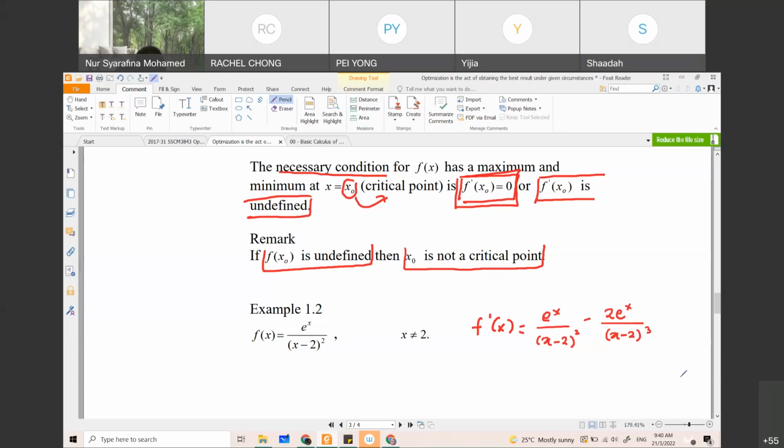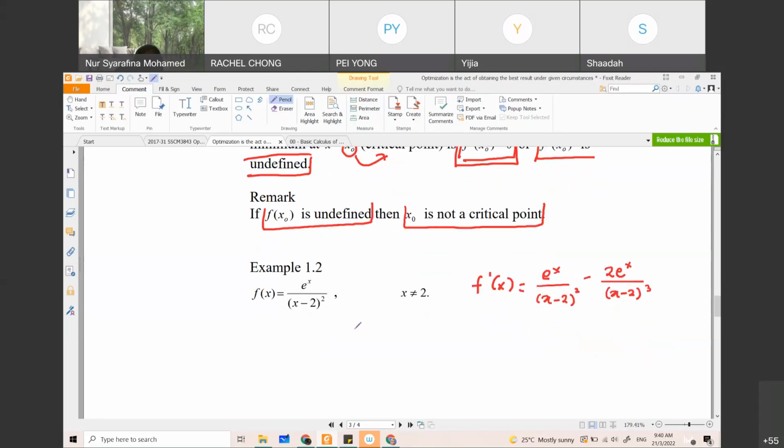Is it right? Okay, check it. So you differentiate f(x) and then you get f prime.